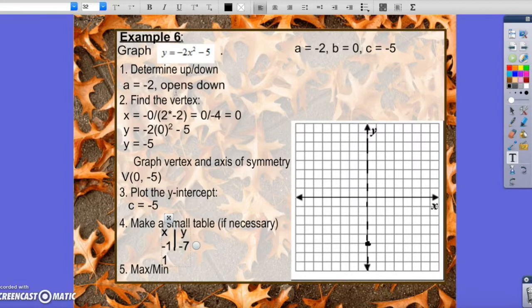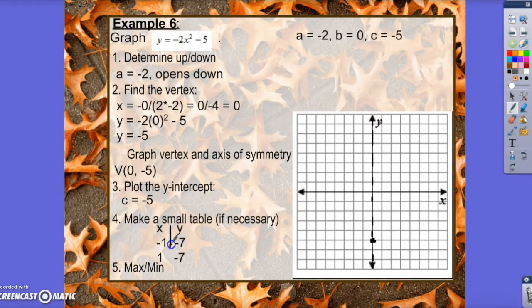And if I plug in 1, I get -7 as well. So that's actually my little table. So -1, -7 is here. 1, -7 is here. So here's my parabola.